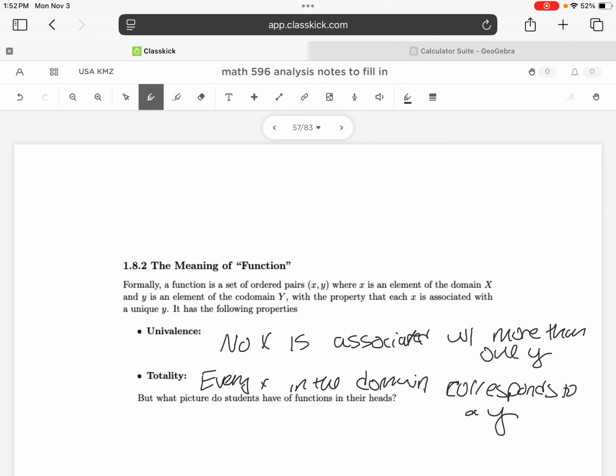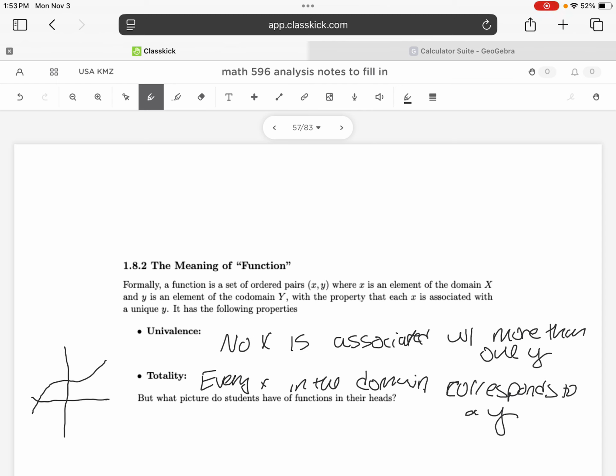That's the first property. But this sort of abstract definition of a function is not usually how students picture functions. If you ask a student to picture what a function is, most likely they're going to be thinking of some kind of a smooth or continuous curve. And again, this makes sense for students because that's often how we're introducing the idea of a function, as an input and output, but we often take an equation and graph it to help students get a sense of what a function can look like.